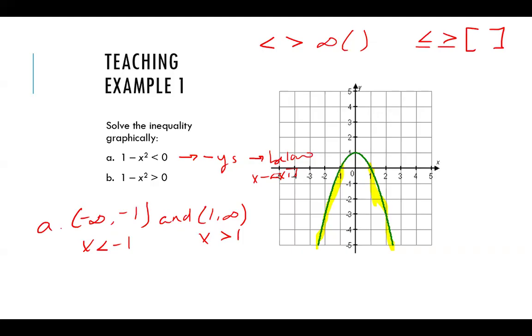Okay. So now if you look at example B, it says 1 minus x squared is greater than 0. So if I'm greater than 0, that means that my outputs are positive. So we're looking for positive y's, right? When do I have positive y values? Well, you're going to have positive y values when you are above the x-axis, right?